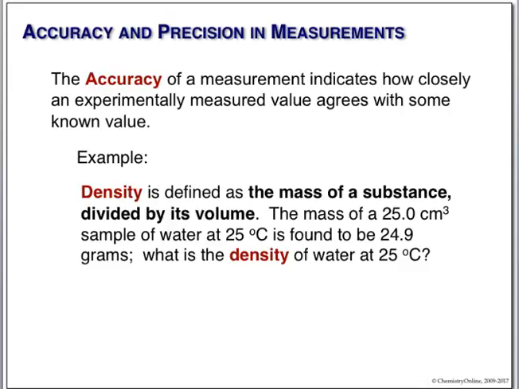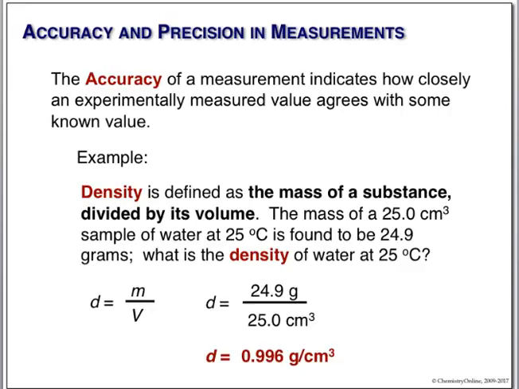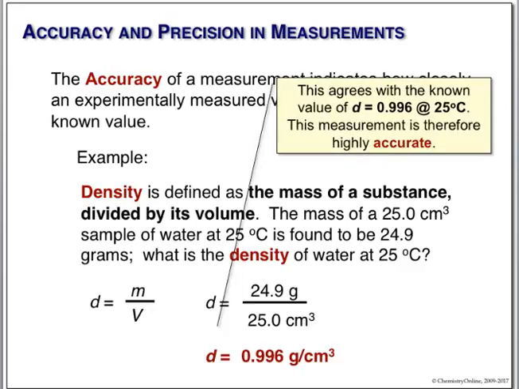Well, we calculate that by mass divided by volume. Here our mass is 29.5, our volume is 25, and this gives us a measurement of 0.996. If you look it up, at 25 degrees, density of water is 0.996. So this is a very accurate determination. This is what you should have got in lab.